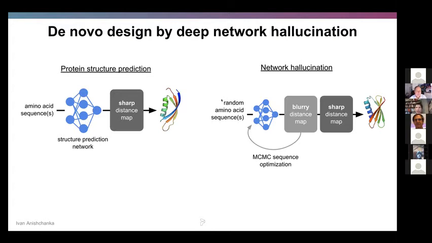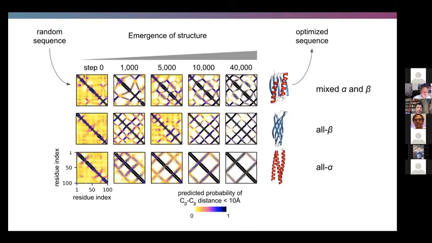What you can do instead is feed in a random amino acid sequence and simply assess the extent to which a single structure is predicted, and then do Monte Carlo optimization or gradient-based optimization to maximize the extent to which the sequence is predicted to fold to a structure, basically any structure. This is looking at an interaction map between pairs of residues.